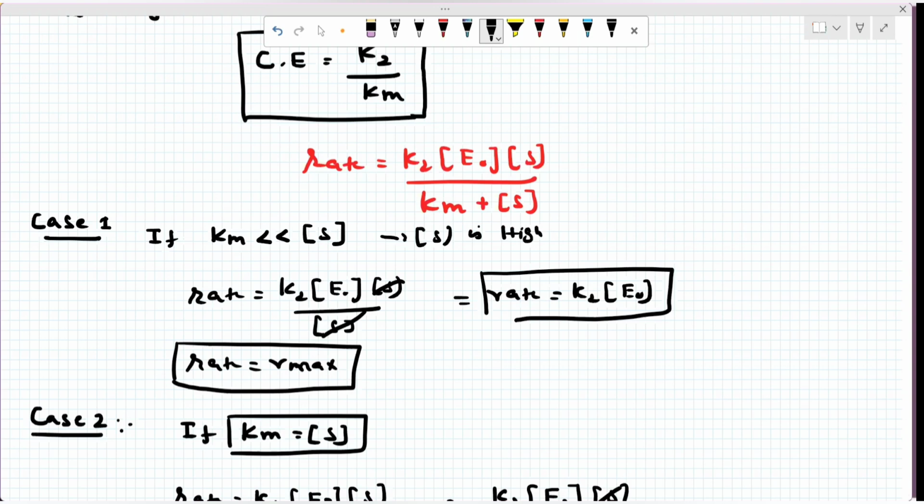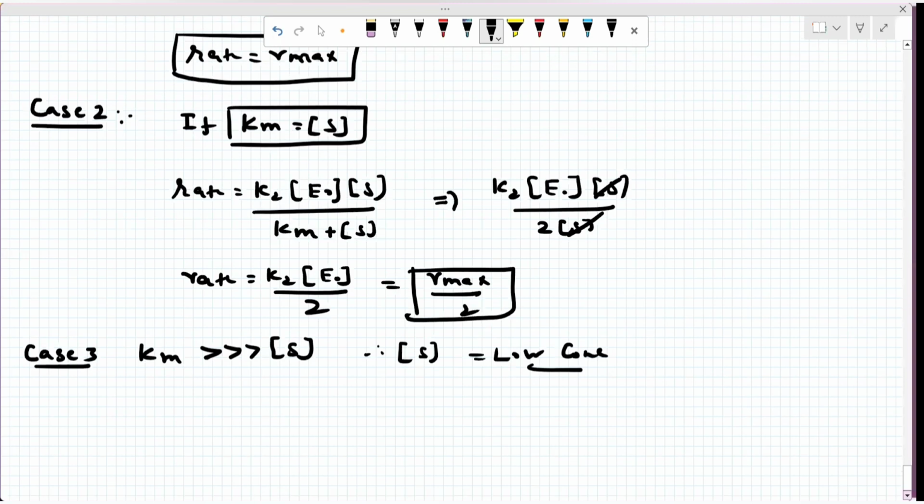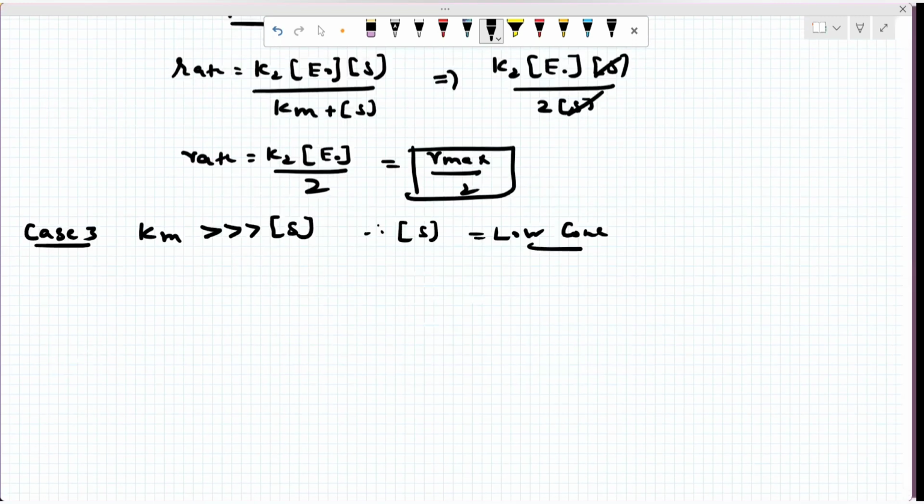Sometimes they will give theory, so that is why. Now what is the formula we can derive? Simple. That is rate that equal to K2 into E naught into S by Km. Apply this, what is the final equation? This is the equation.